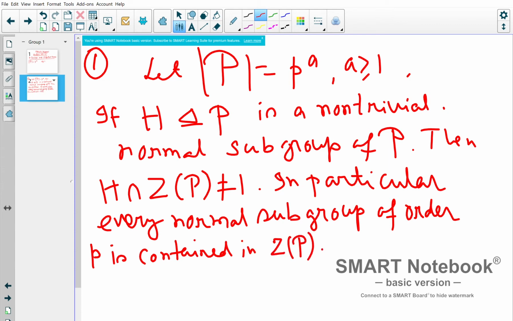So what does it tell us? It tells us that normal subgroups of a p-group always intersect the center non-trivially.